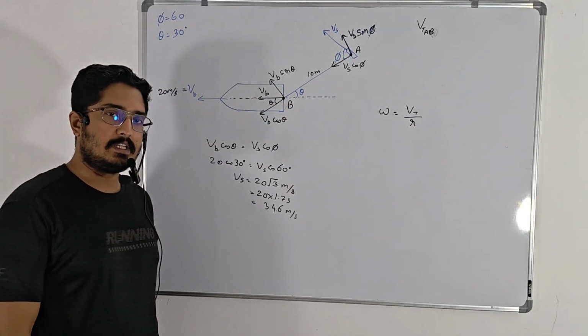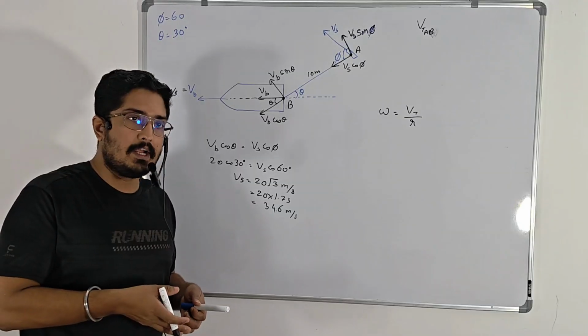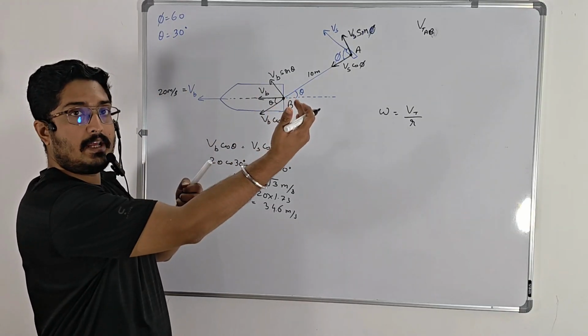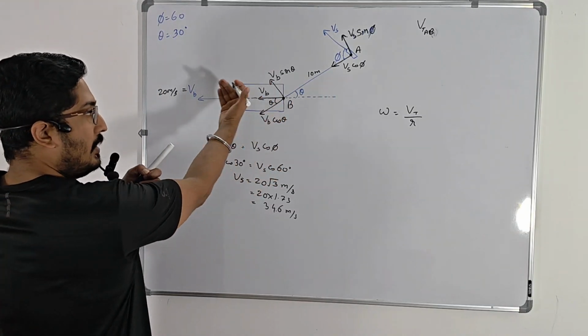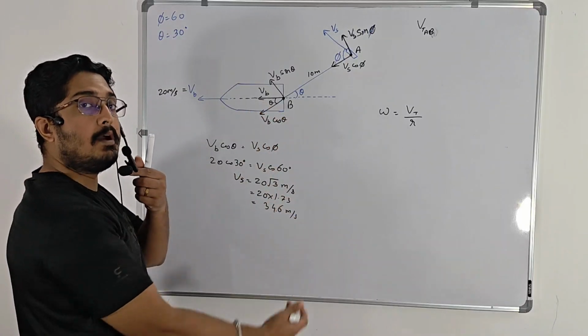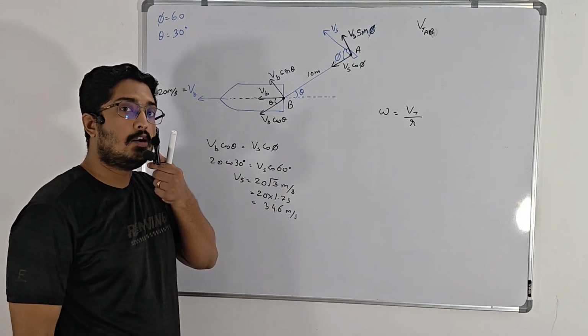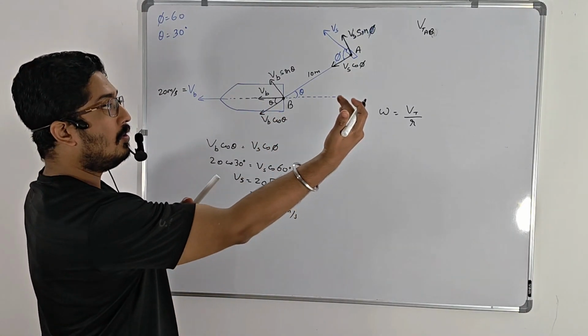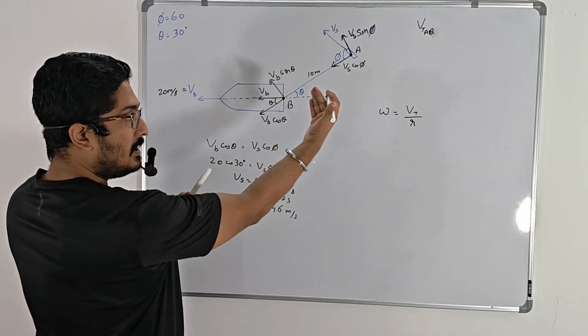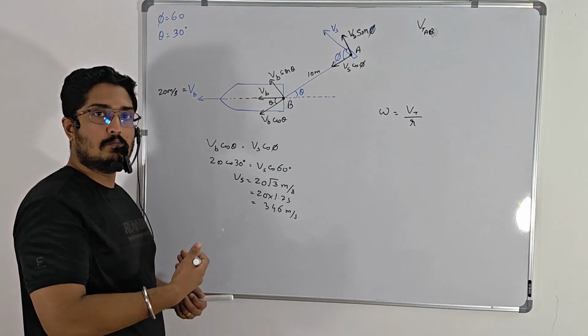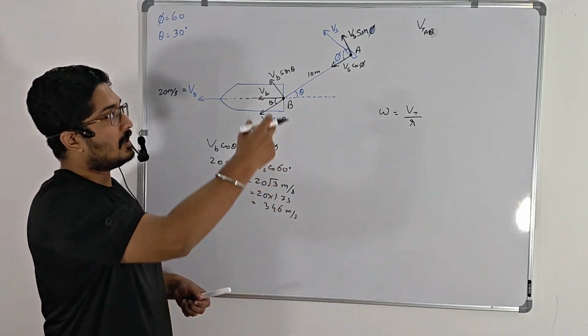I hope you understand what I'm saying. If I am an observer standing at point B, and when I look at point A, the point A will feel like going in a circle, right? So I'm interested in finding that omega. Now for finding that omega, I need to know how it is moving. What is the velocity of that point A with respect to me as the point B?